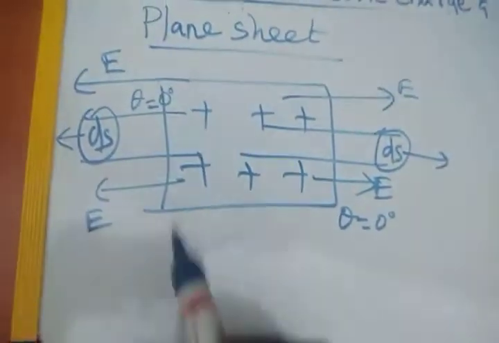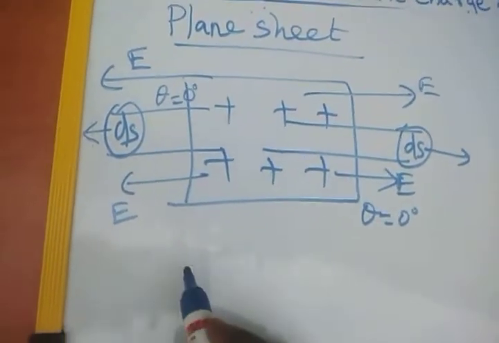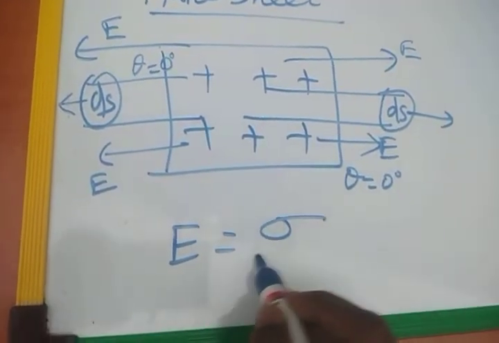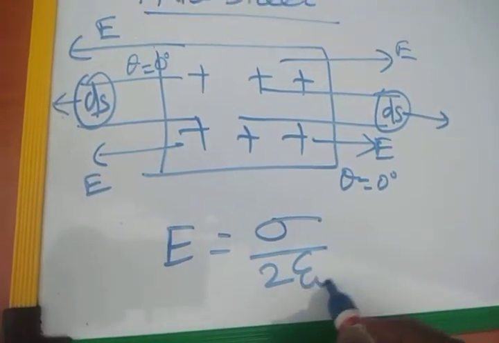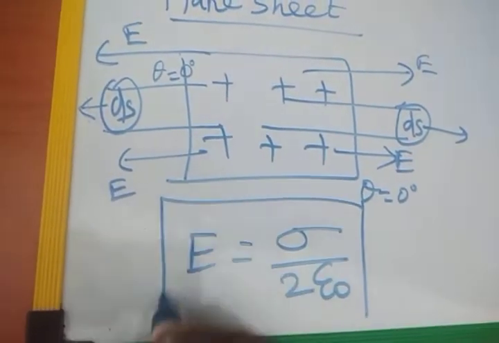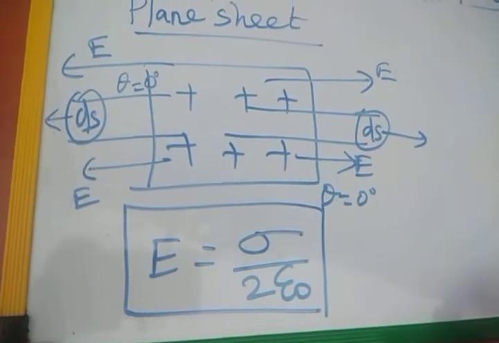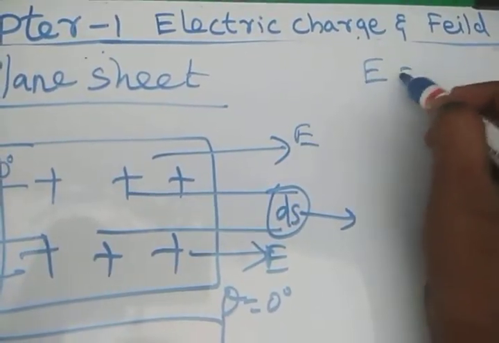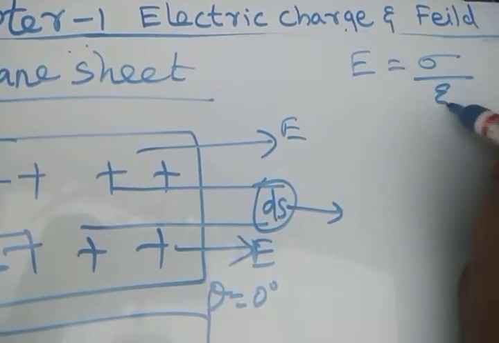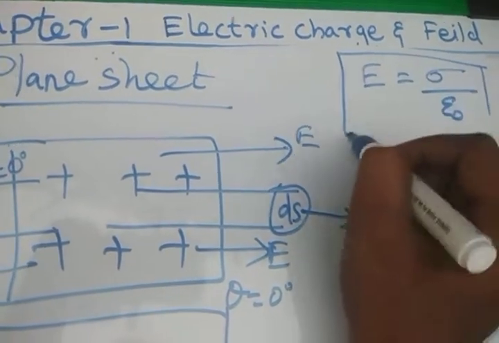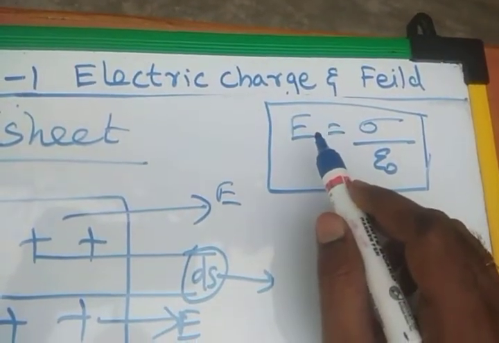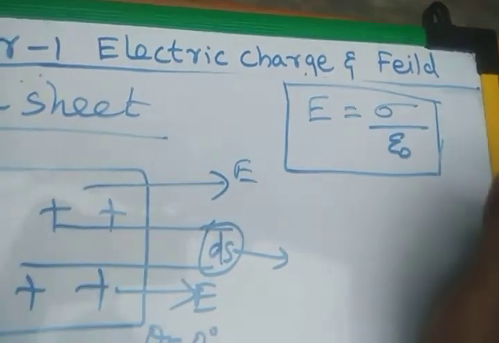By substituting these values using the Gauss theorem, we arrive at E equal to sigma by 2 epsilon naught. This is the electric field of a plane sheet. If it is a parallel plate arrangement, we get E equal to sigma by epsilon naught. We use that in the capacitor concept: the electric field between the two plates is sigma by epsilon naught.